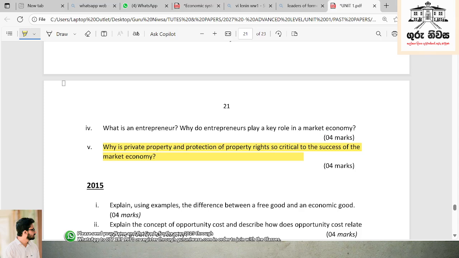When explaining differences, you can say property ownership differs.